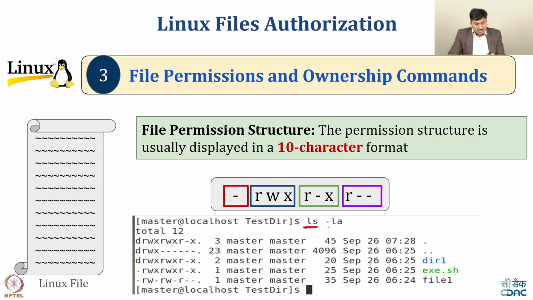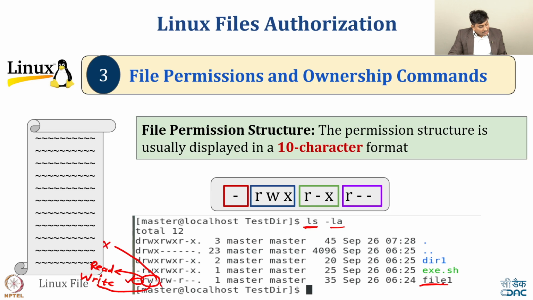Whenever we run this ls -la command, take an example of, let's say, this file1. Here you can see this is a file, the first character. Then the owner of that file has read permission and write permission, but doesn't have the execute permission here.